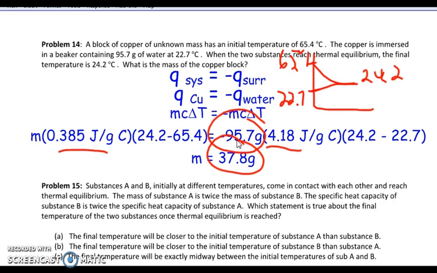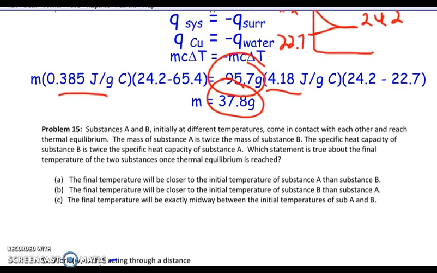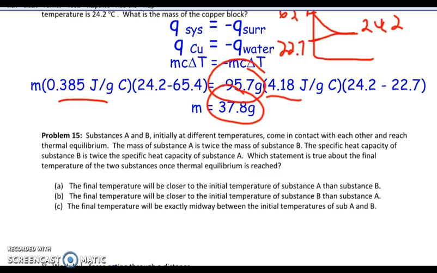The temperature of the water only went up by 1.5 degrees, so you needed that much mass to raise the temperature of water by only 1.5, and it turns out to be 37.8. So let's go ahead. Why don't you read number 15 and see what you come up with. So pause this and I'll be right back.